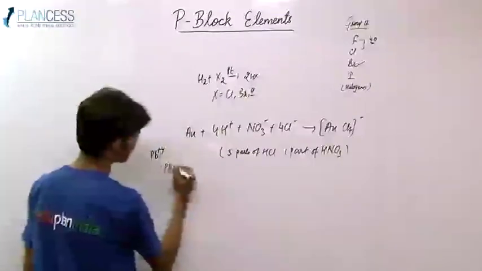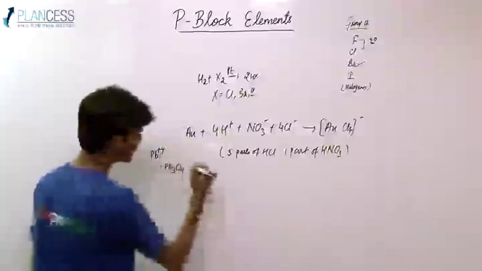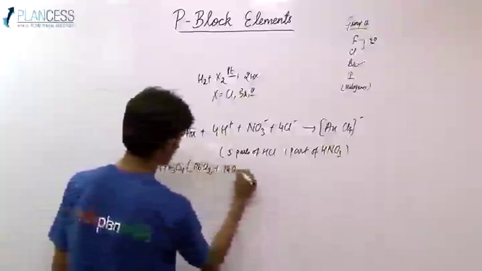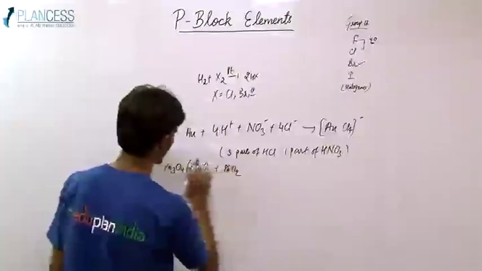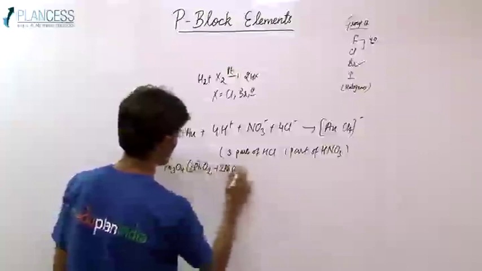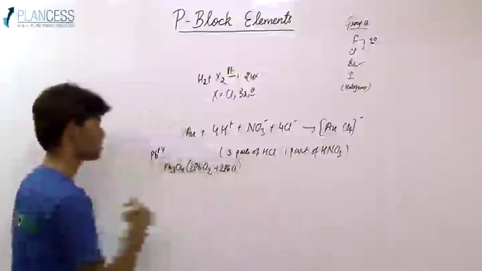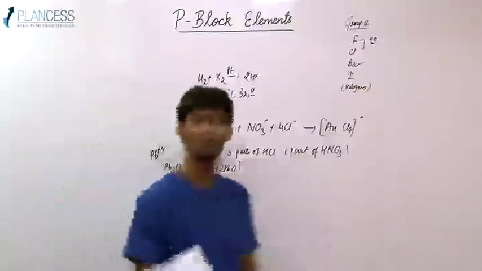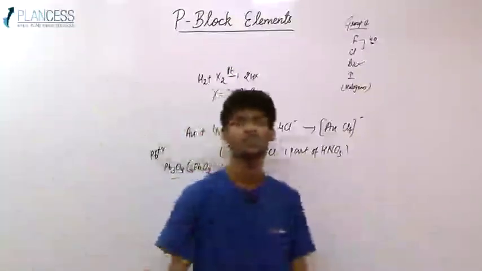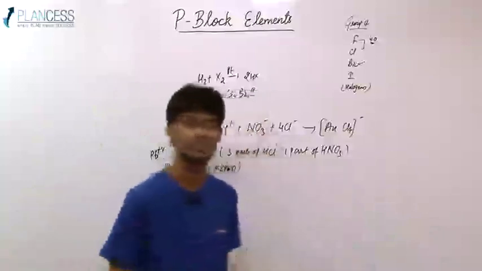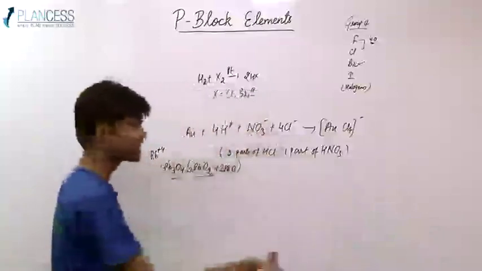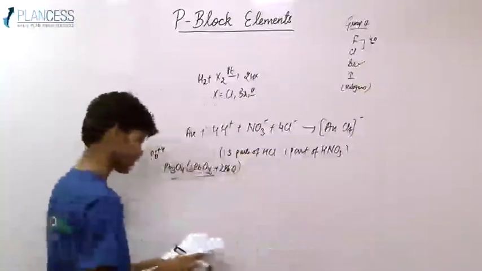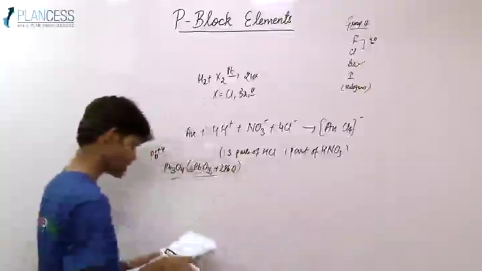Pb3O4 is a mixed oxide of PbO plus PbO2, in a 2:1 ratio of PbO to PbO2. So it acts as an oxidizing agent. Pb3O4, PbO2, MnO2, MnO4 minus with Mn in the +7 oxidation state, and K2Cr2O7 are all very strong oxidizing agents. They oxidize Cl minus to chlorine, that is, from minus 1 to 0 oxidation state.